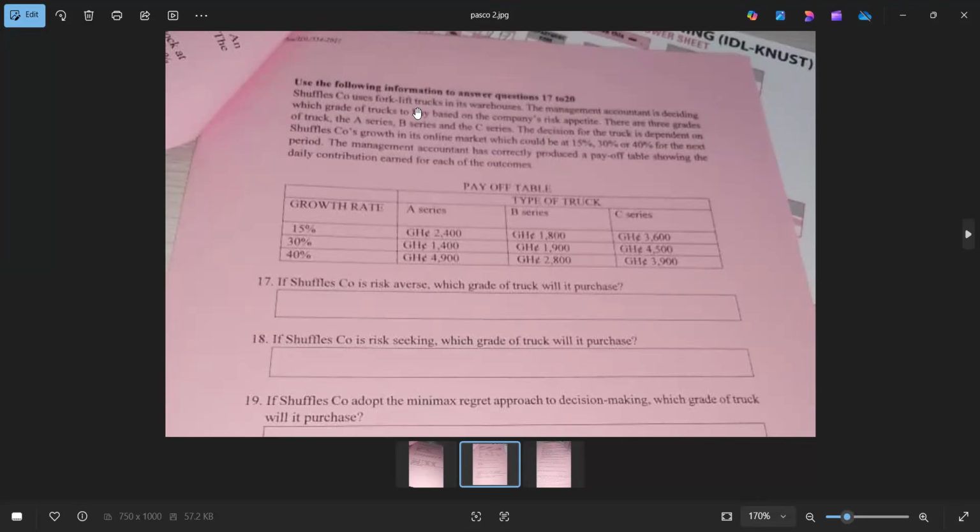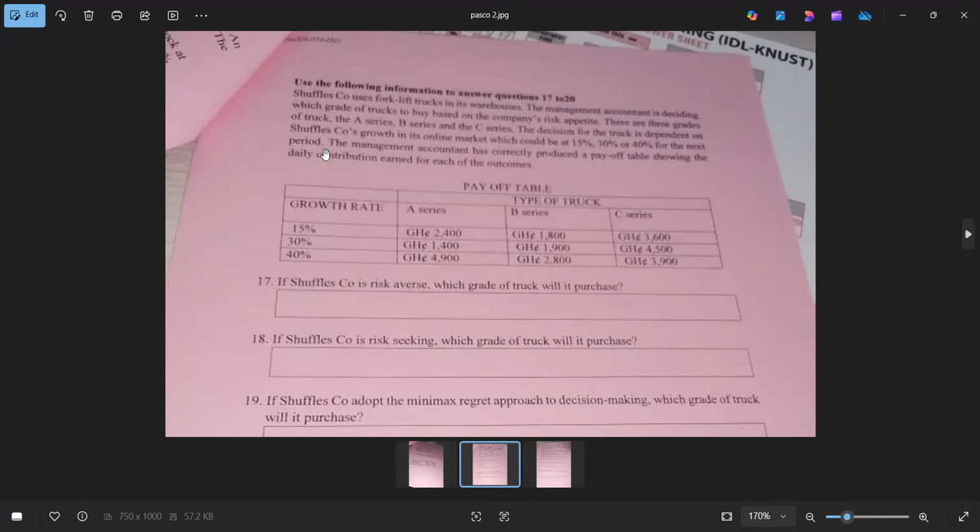The management accountant is deciding which grade of truck to buy based on the company's risk appetite. There are 3 grades of trucks: the A series, the B series, and the C series. The decision for the truck is dependent on Shuffle Co's growth in the online market, which could be 15%, 30%, and 40%.